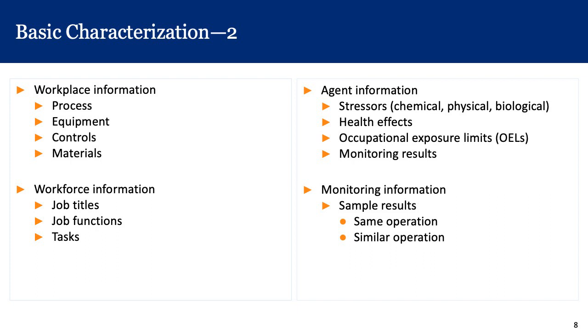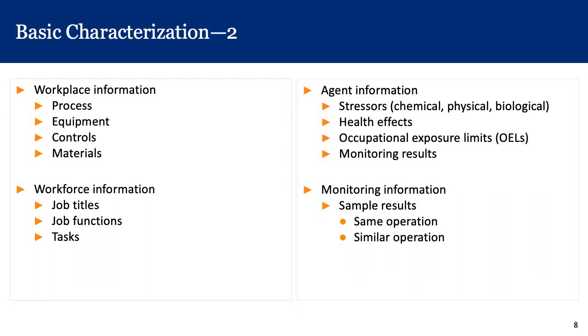And in most modern factories and workplaces, we are producing very complex products. And you might have not just one chemical substance, but many, 15 to 20 or maybe even more chemical compounds, for example, that go into making one product. And so we need to understand all of these features of the workplace. The next bullet is the workforce.